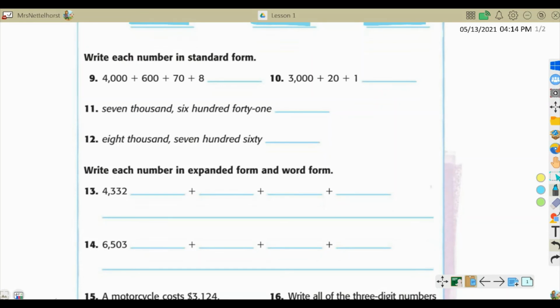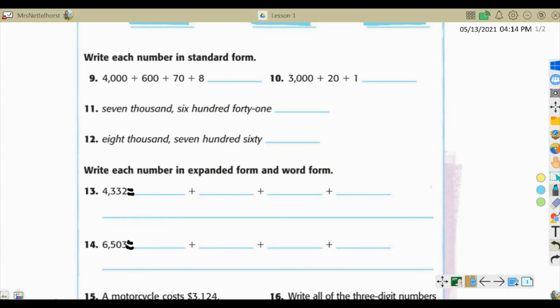For expanded form, I want you to stick a little equal sign there and there, because this number is going to equal this string of numbers that you're going to add together. You're going to write the value of each digit on each blue line. Then on the long line, that's where your word form goes.